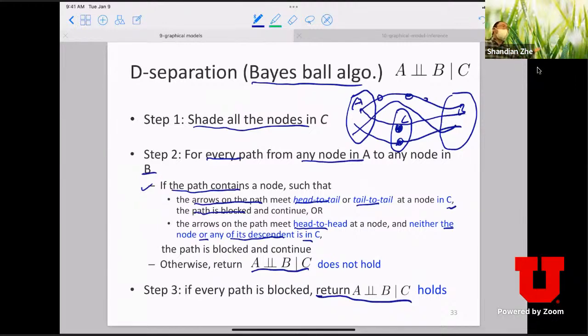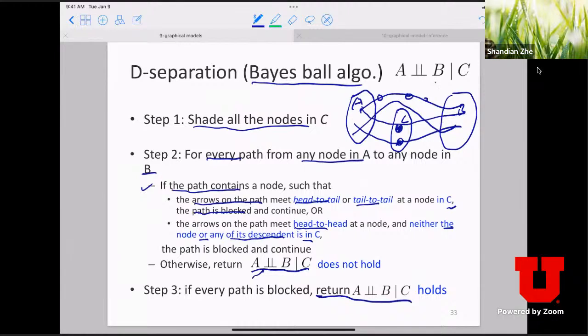You have to bounce back and start from another path and try again. If it turns out that every path which connects A and B is blocked, then you can say A and B are conditionally independent given C. Otherwise, you just say A and B are not conditionally independent. Does it make sense?